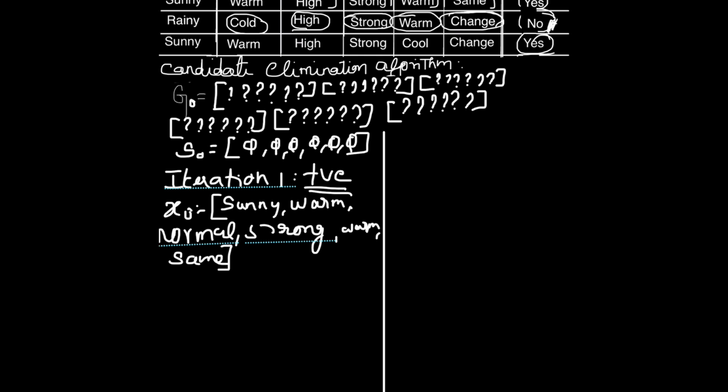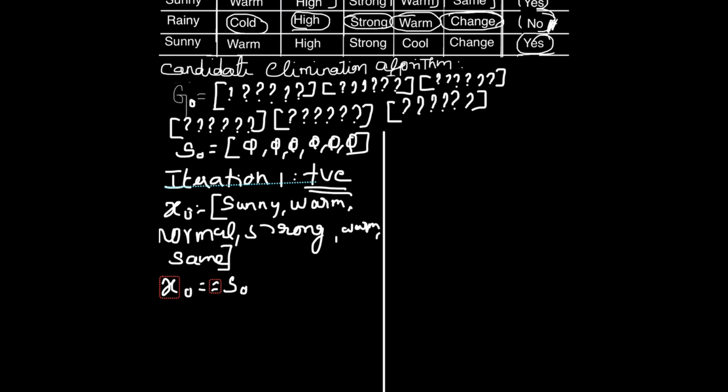That's why we are concluding that it is a positive sample. Now the thing is we have to check X naught with S naught, because if it is positive, we have to start with the specific hypothesis. If your sample is positive, you have to focus on updating your specific hypothesis, and if the sample is negative, then you have to update the generic hypothesis, and during that time the specific hypothesis will remain the same as the previous iteration.